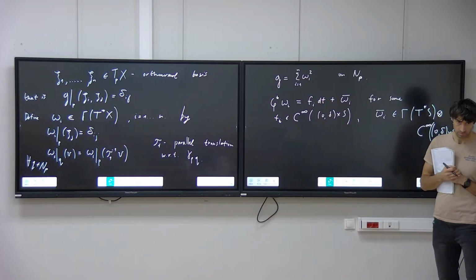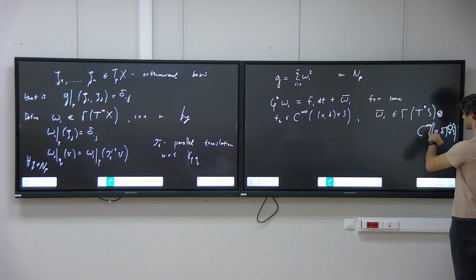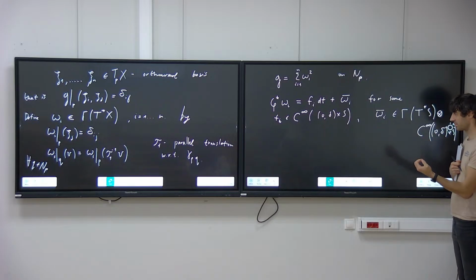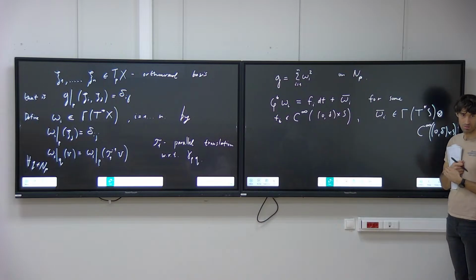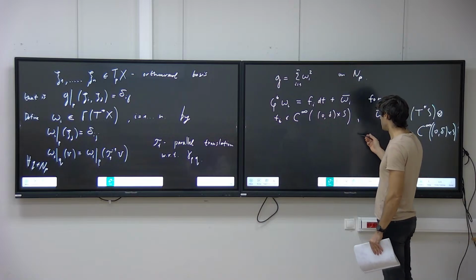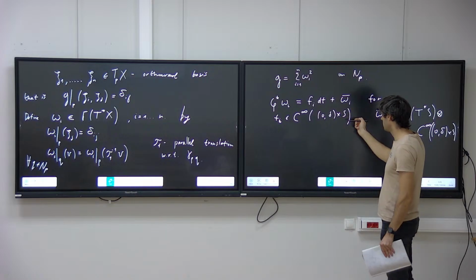Okay. So basically it's a one-form, but for any fixed t, this is a one-form on S, right? It's kind of a function on t with values in one-forms. The important thing is that omega_i bar is a form in here.